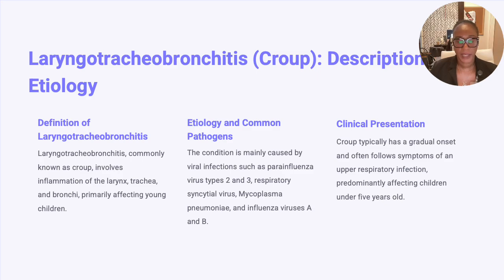Etiology and common pathogens: the condition is mainly caused by a viral infection such as parainfluenza virus type 2 and 3, respiratory syncytial virus, otherwise referred to as RSV, mycoplasma pneumonia, and influenza virus A and B.